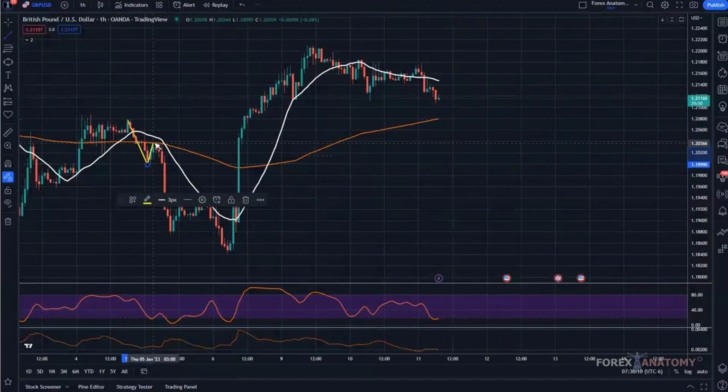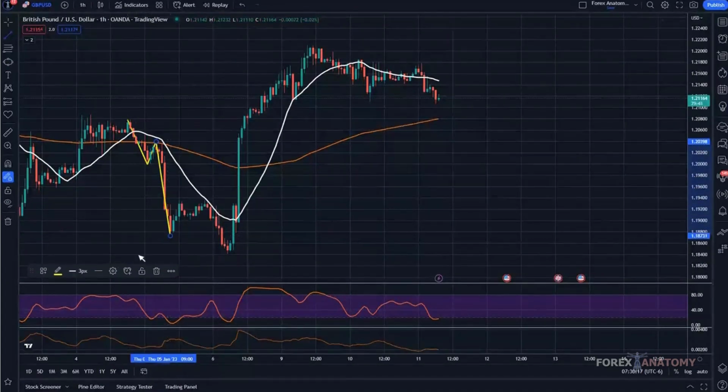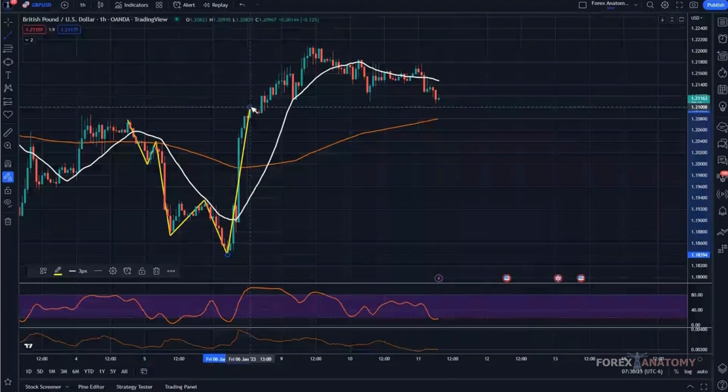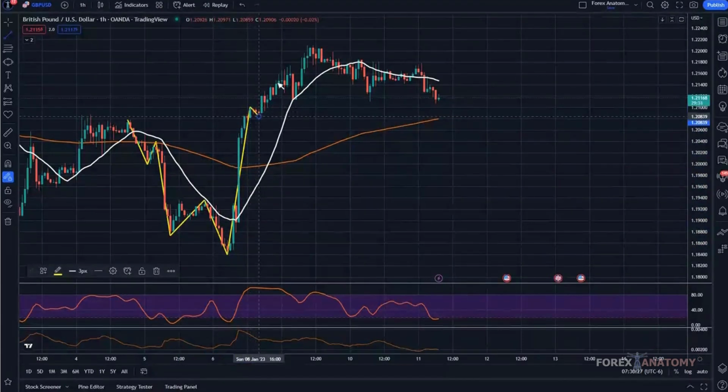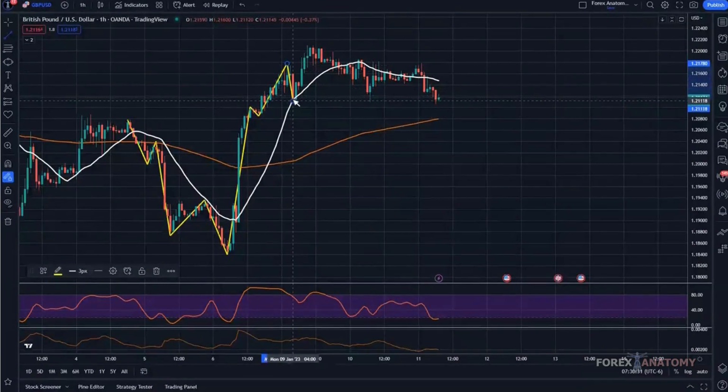We had this right here. Price made a lower high, then it made a lower low, lower high, lower low, and then from there we have all this movement right here and this push up right here, which formed this low, and this push up right here.